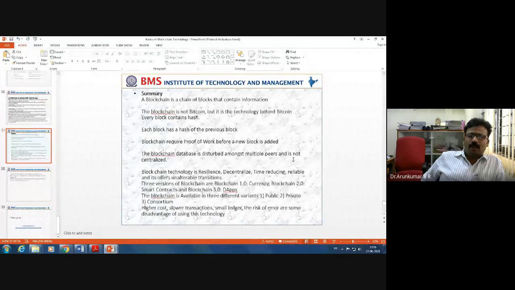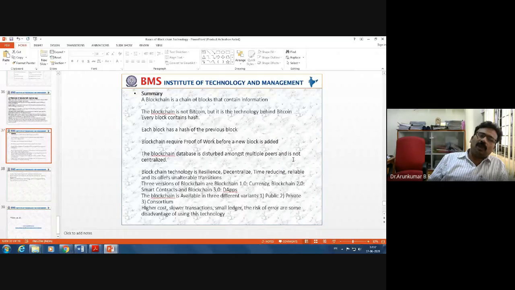Blockchain requires proof of work before a new block is added, because if you allow a new block to be created quickly, one can quickly revalidate all new blocks and further subsequent blocks also. So for that purpose, blockchain has brought in the concept of proof of work.